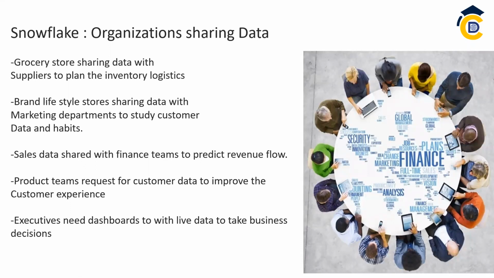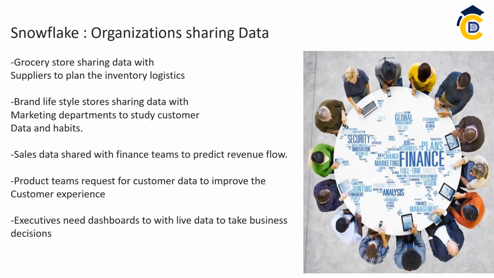And of course, when you're sharing data, the first and most prominent thing that comes in is the security of data. If you look at a grocery store, it will share data with the suppliers. Depending on the stocks, what raw material is required, and how much of the raw materials or products need to go from your supplier to the grocery store.